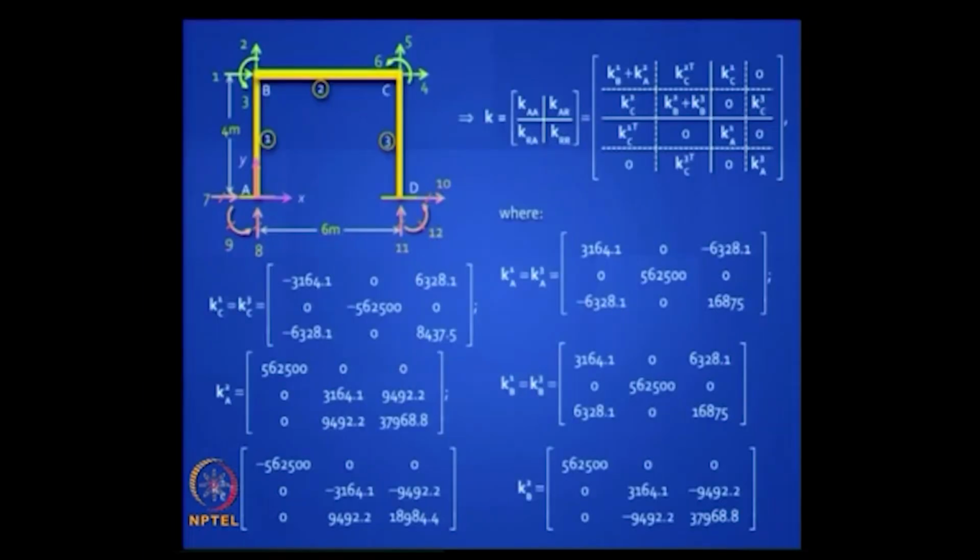Any doubts? Clear? You can generate this from all those 3 matrices, and so this is the K1A, K1B, K1C, K2A, K2B, K2C, K3A, K3B, K3C, which once you assemble you put all together and you get the full matrix.